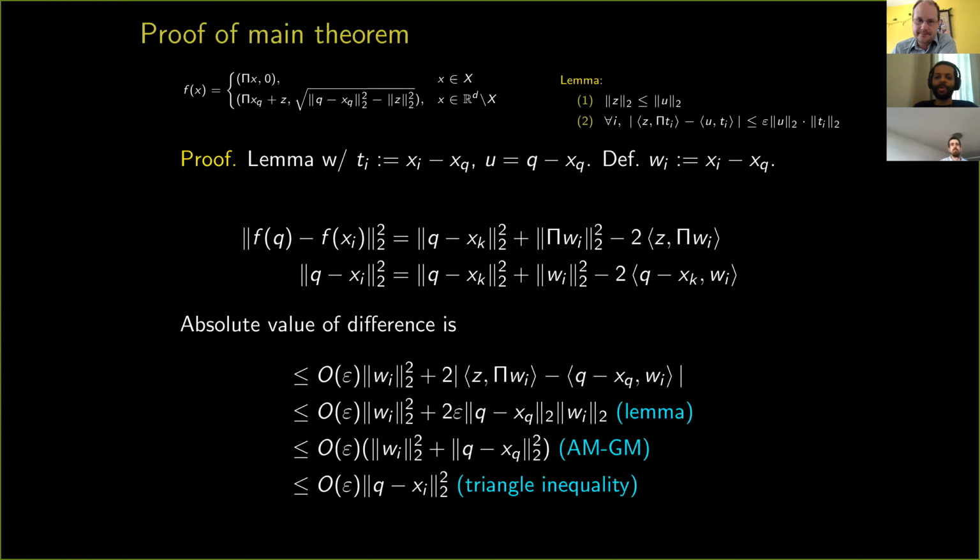Somewhere there, I'm using the fact that I can replace Q minus XQ with Q minus XI, and it'll only go up because XQ is the nearest neighbor. But if I'm using something that's an approximate nearest neighbor, if I understand just how approximate it is, like if it's multiplicative on this distance, then I probably can still get something. Okay, thanks. Okay. Any other questions? Okay.